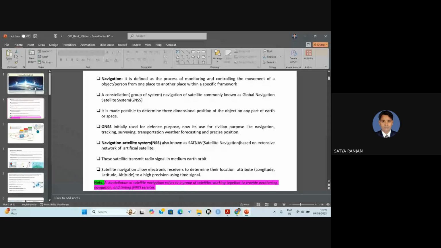So for the navigational satellite system, navigation is most used for this, and navigation is defined as the process of monitoring, controlling the movement of an object or person from one place to another place within a specific framework.